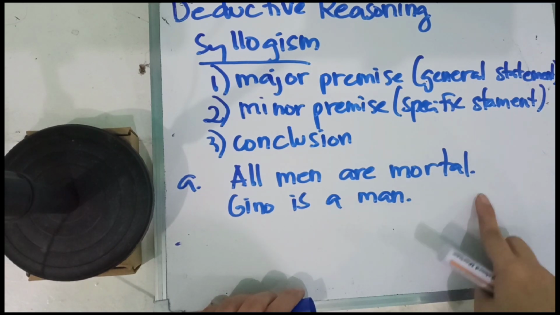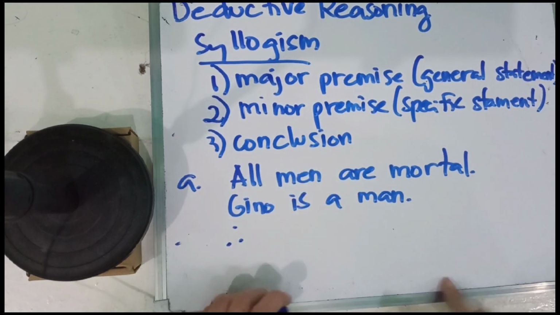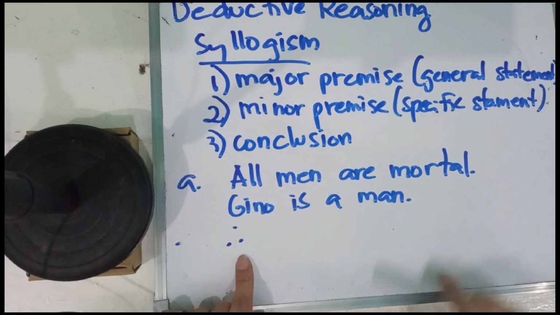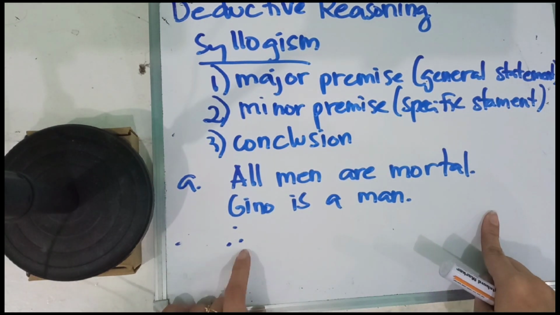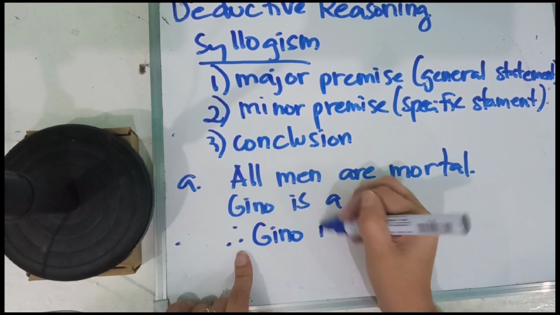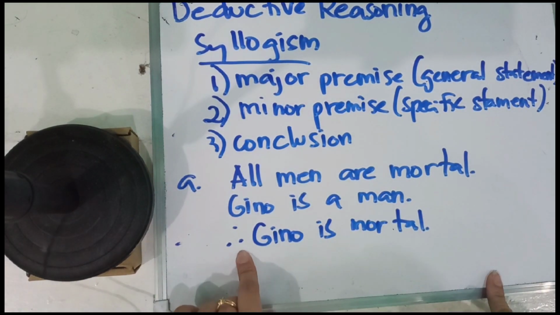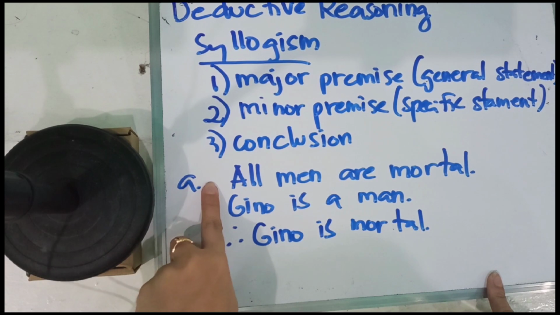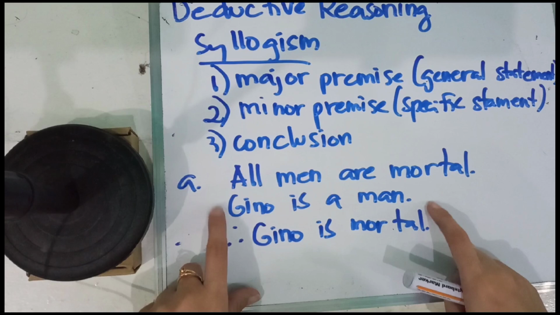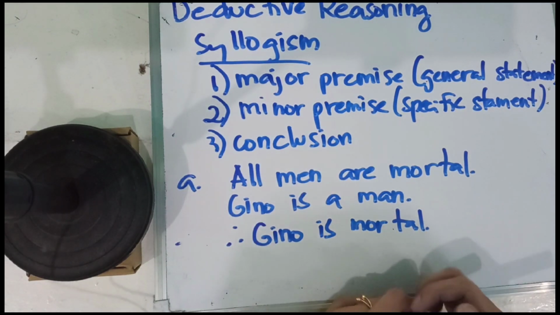So based on those 2 premises, we can conclude, by the way, this is the symbol for therefore, right? So again, based on the 2 statements, we can conclude that therefore Gino is mortal. Why? Because the general statement said that all men are mortal. Now Gino is a man. This is a specific example. Therefore, as a conclusion, Gino is mortal.